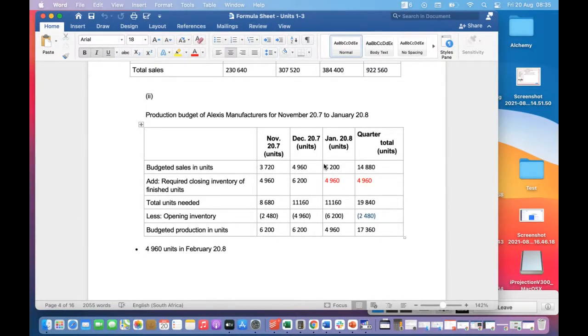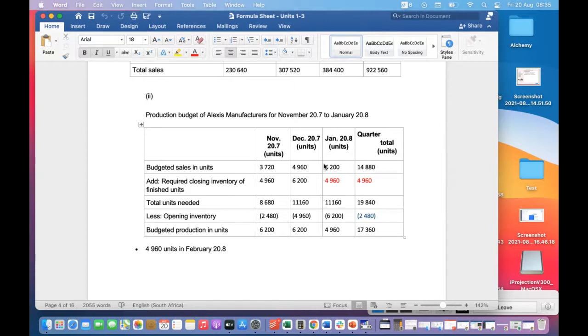If you just look, you can see 11,000 plus 11,000 does not equal 19,000. So you have to add these two here to get to this 19,000. Then, again, what is the opening inventory? Remember here, when we're looking at this column, we're saying quarter.